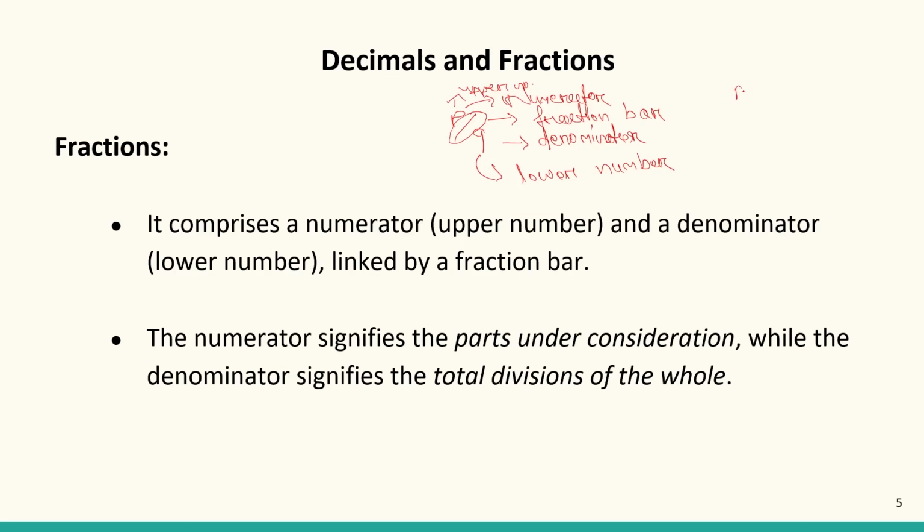The numerator signifies the parts under consideration, or the number of parts you have. Here in P by Q, you have P parts considered, and Q is the total number of parts available.